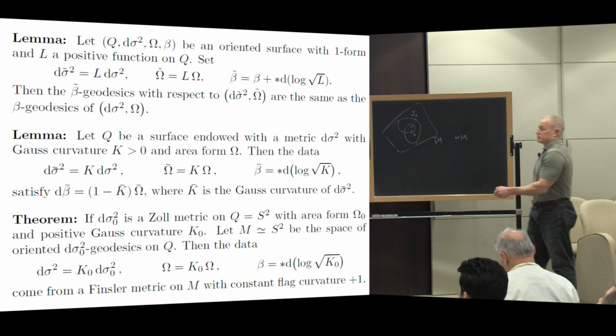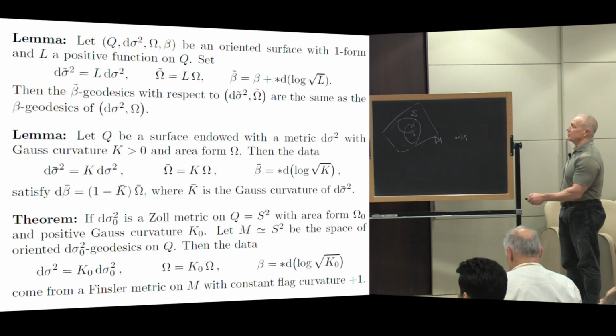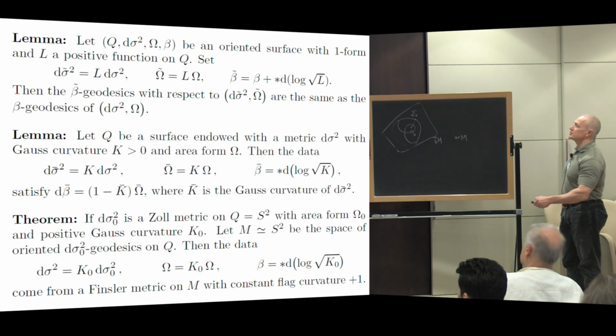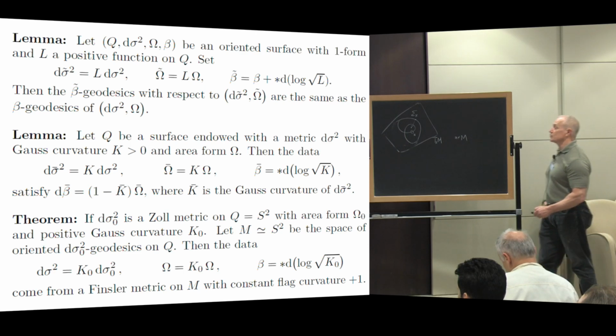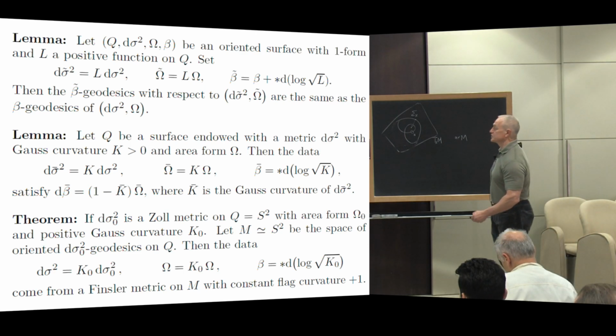And if you now just separate out the complex structure equations into their real and imaginary parts and relabel everything backwards from what I labeled in earlier things, you actually get exactly the structure equations of a generalized Finsler structure with constant flag curvature +1 on the space of R leaves.